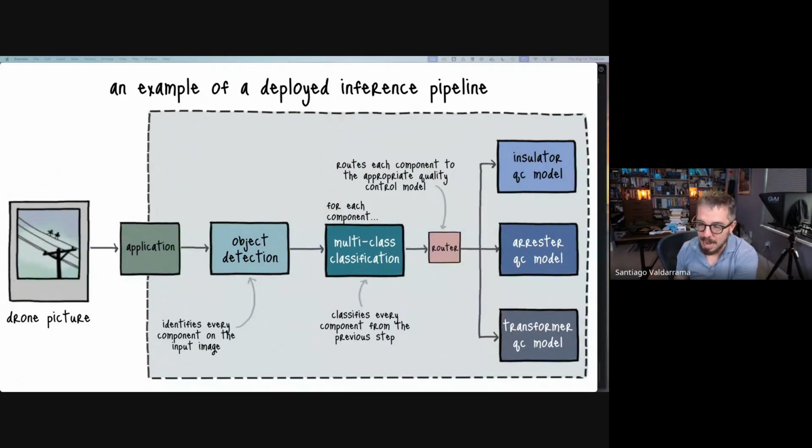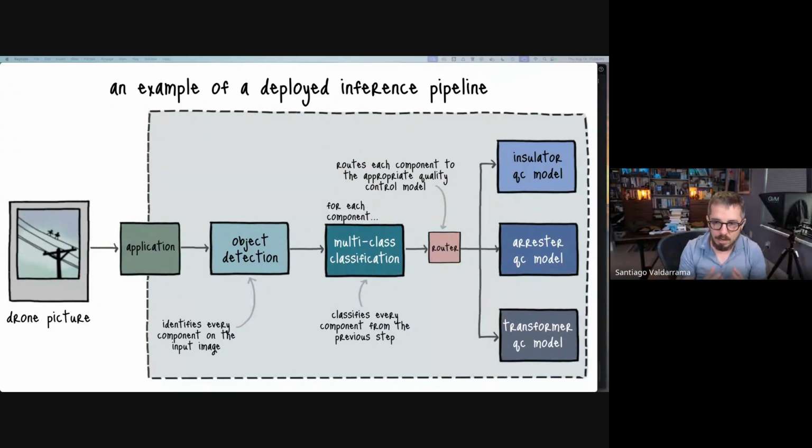The reason I call it a pipeline is because, as you can see, this is not just one machine learning model. It's a group of models working together, organized like a pipeline where the output of one model becomes the input of the next model.